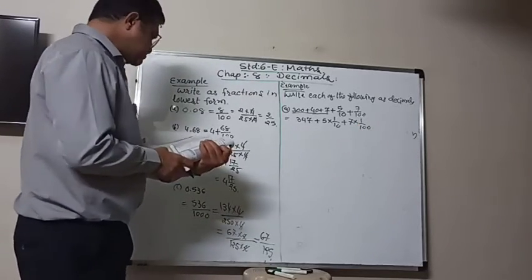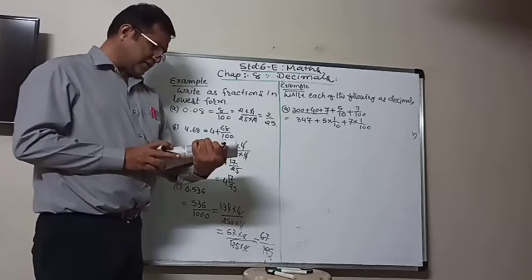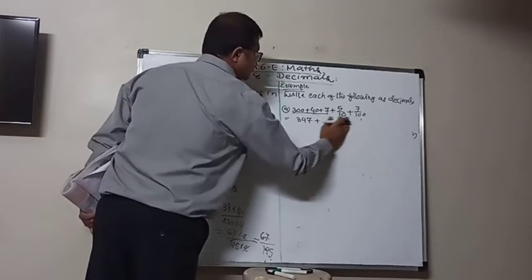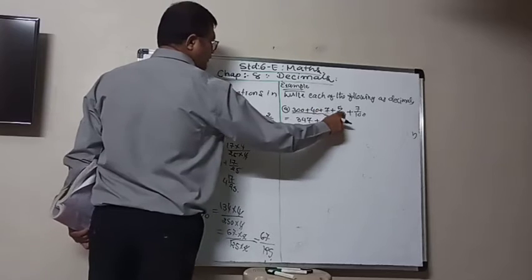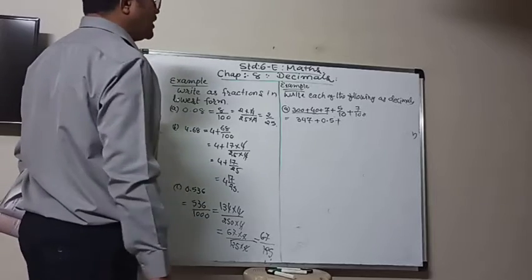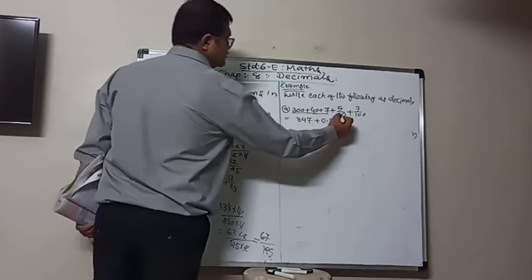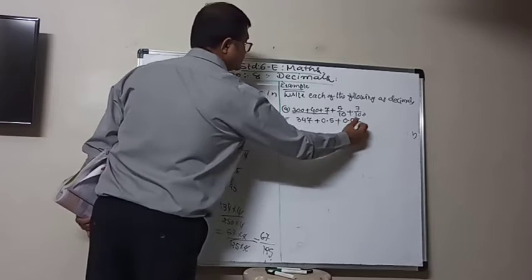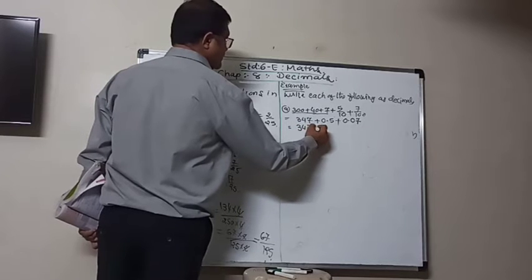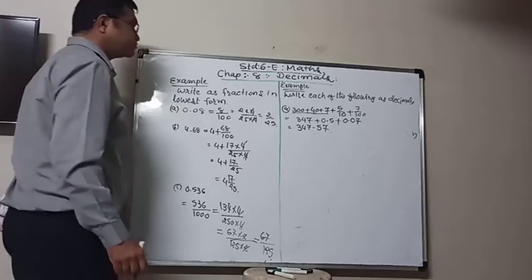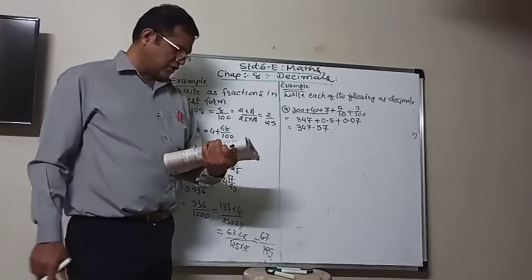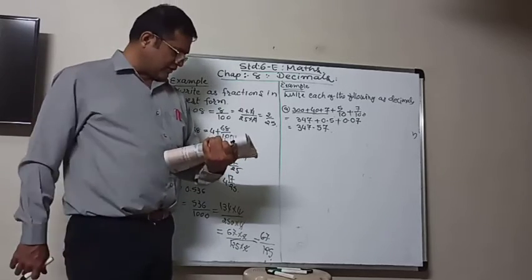Or rather it will be easier that you write down directly. 5 upon 10 means 0.5 and 7 upon 100, that will be 0.07. So when you add all of them together, 347.57. So that is the way you write down them from fractional form to decimal form.